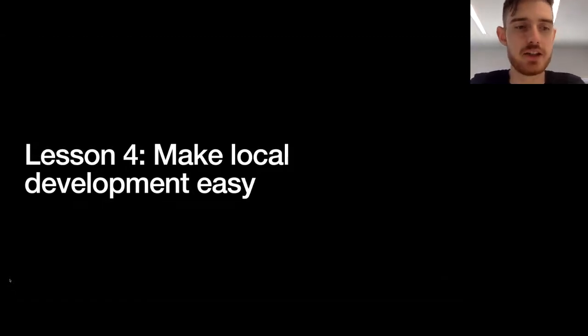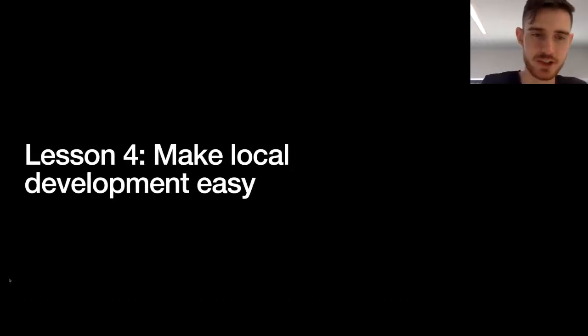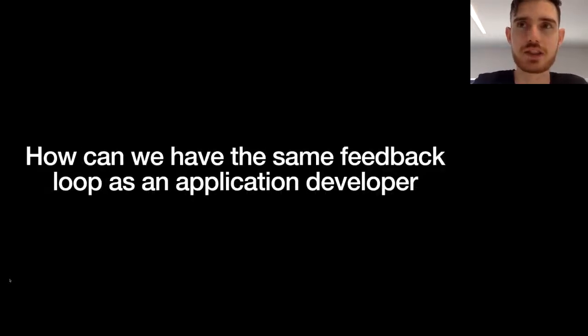So that's all well and good, but as engineers, as much as we like making products for other people, we all tend to like making our own lives easier. So hence why there's so many local development tools. So how can we make this sort of architecture work locally? How can we have the same feedback loop as an application developer?